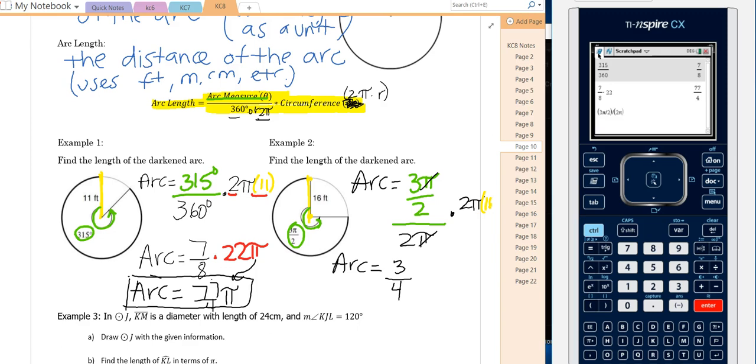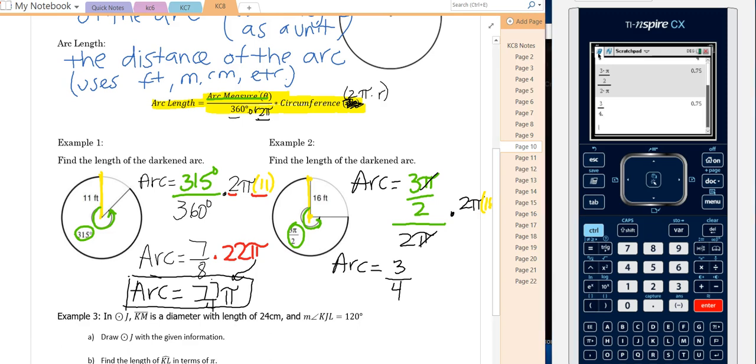Right? So again, I am putting the top in parentheses, and the bottom in parentheses, just so my calculator can tell me exactly what it needs to be. And some of you are thinking, well, you put 3/4 and this told me 0.7. But if you actually divided 3/4, you would get 0.75, right? So it's still 0.75. It does not matter if you have the fraction or the decimal, they are equivalent.